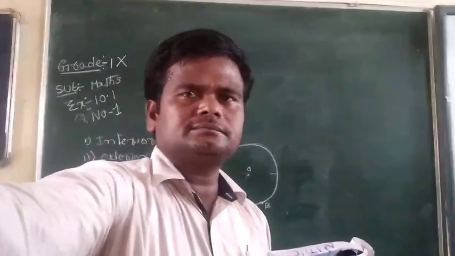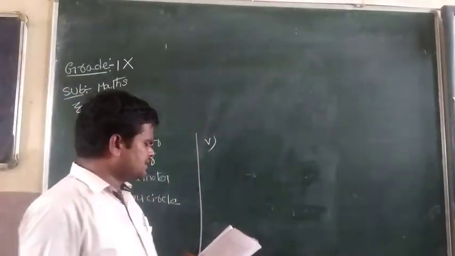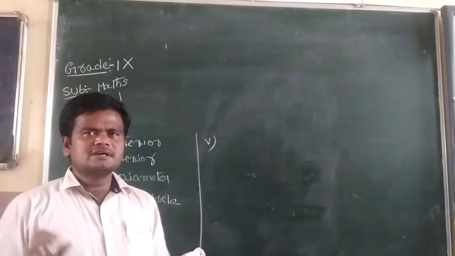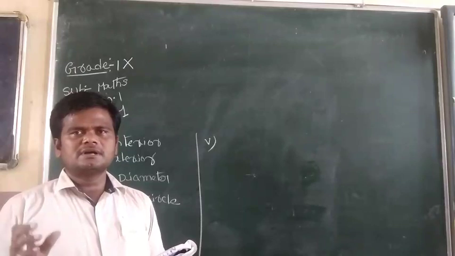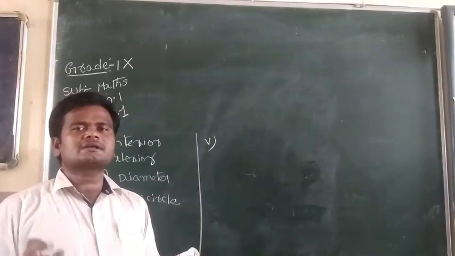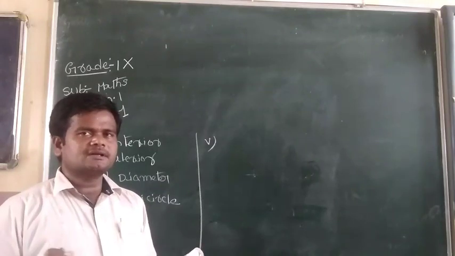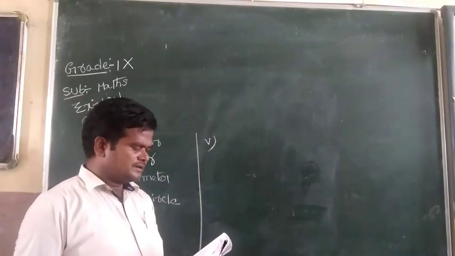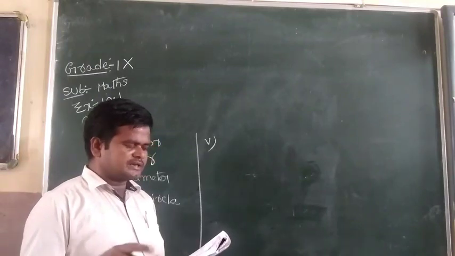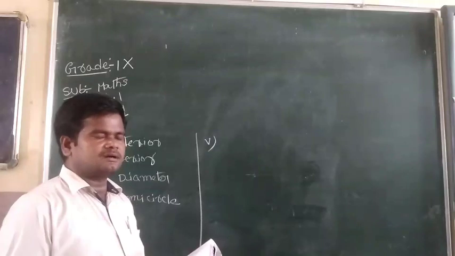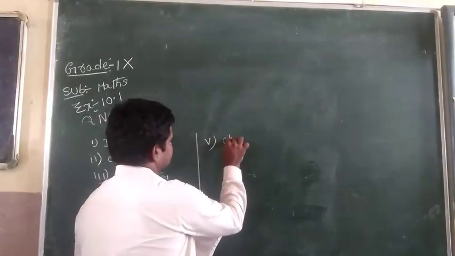What is the definition of a segment? The region between the chord and the arc is called a segment. According to the segment definition, the segment of a circle is the region between the arc and the chord. So this answer is chord.